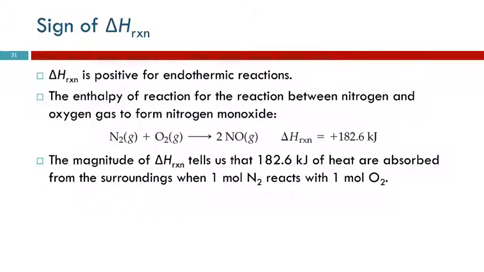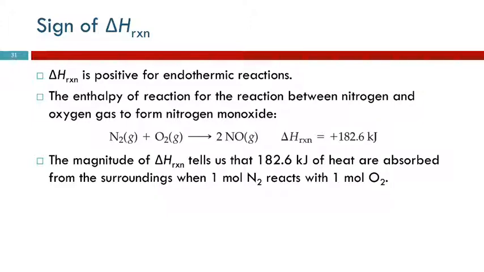Delta H is positive for an endothermic reaction because energy is coming in. The reaction of nitrogen and oxygen to form 2 NO, nitrogen monoxide, my favorite compound, is positive. So it absorbs energy. It absorbs 182.6 kilojoules of energy when 1 mole of this reacts, when 2 moles of this are formed.